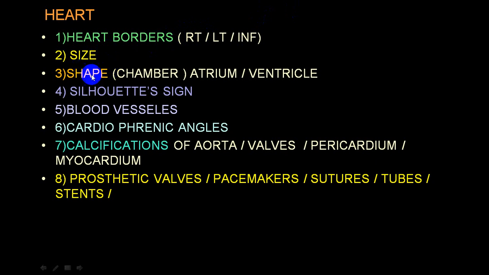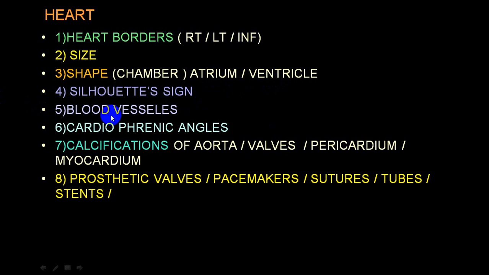Shape-wise, depending upon the different shapes, you can say right ventricle, left ventricle, etc. You can sometimes also differentiate right atrial enlargement and left atrial enlargement. Silhouette signs we will discuss as a separate entity, and we have discussed that separately.